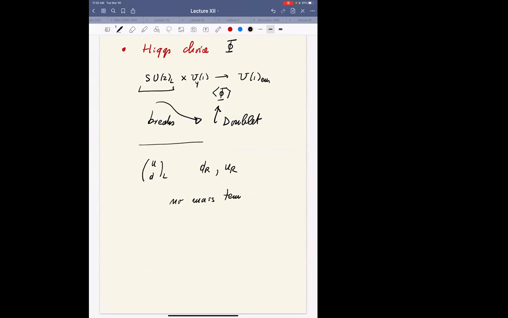Because the mass term would be Q bar Q for any quark, which would be QL bar QR. And that is impossible because these particles are completely different from each other. This is not allowed because this is a singlet and QL is a doublet.